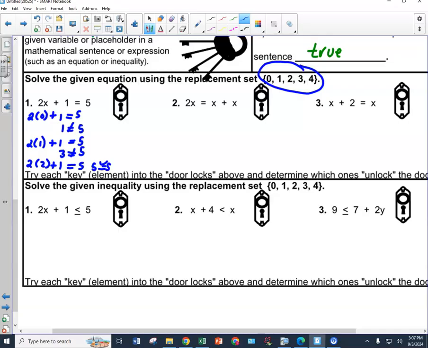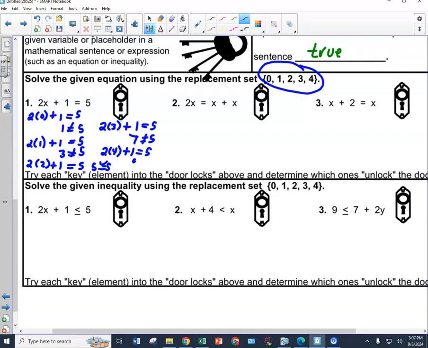All right, let's try 3. 2 times 3 is 6. 6 plus 1 is 7. Does 7 equal 5? No. All right, 2 times 4 is 8. 8 plus 1 is 9.